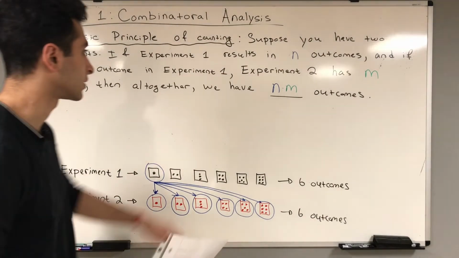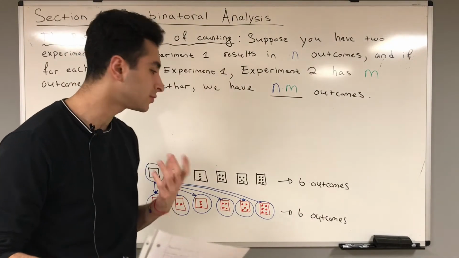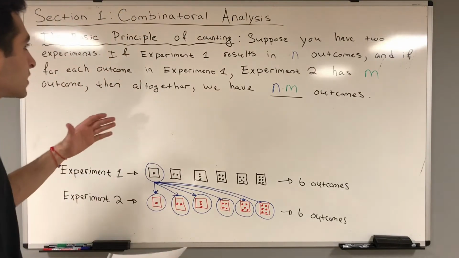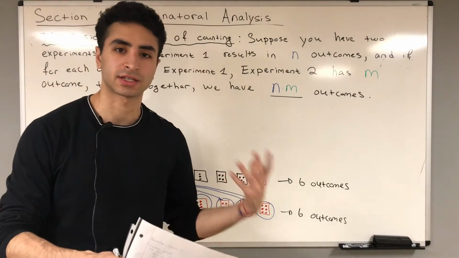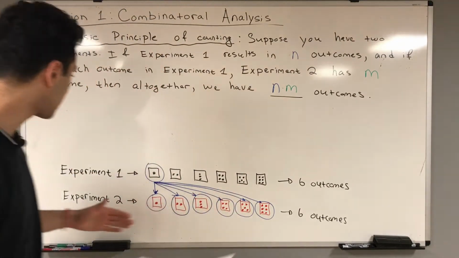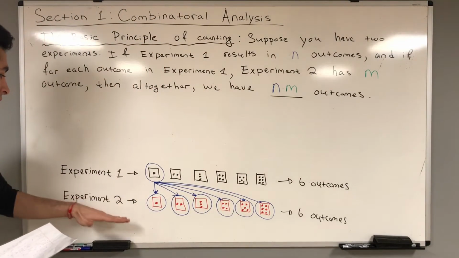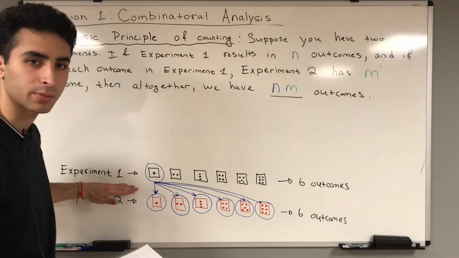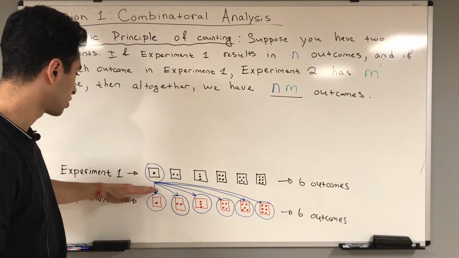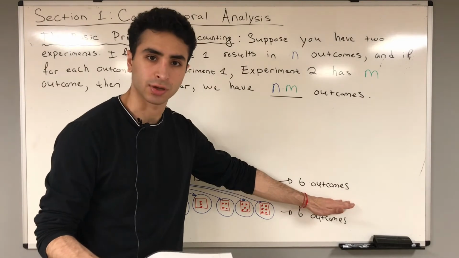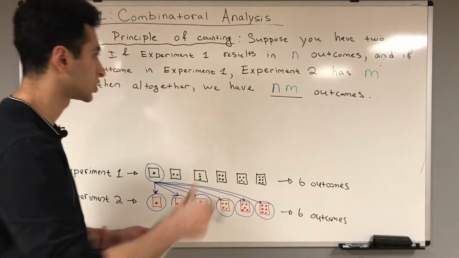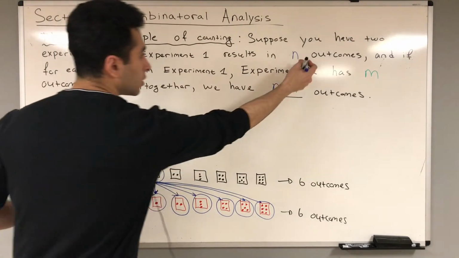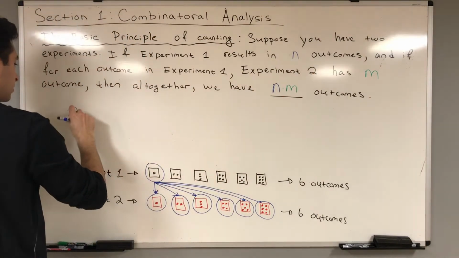So great. And how do we use it? Well, let's think back to this example. It says first you have to understand what your experiments are, right? So then we label our experiments. We did. We have 2 experiments. And how many outcomes did experiment 1 have? It had 6 outcomes. Okay, so in this case, n is 6 for experiment 1.